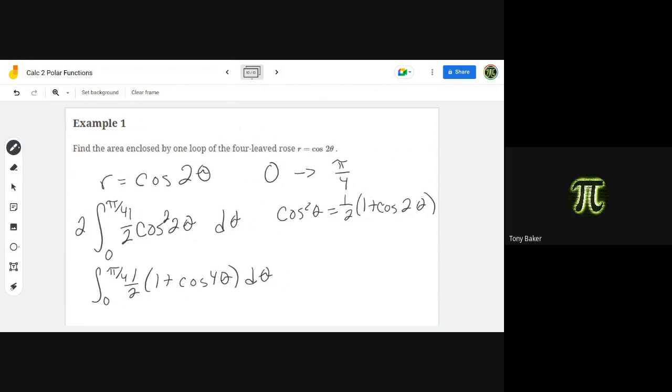They actually gave you a formula for cosine squared. Let's see what it comes out to be. I guess you could use it if you want to try to remember it. So it probably does come out to be the same.